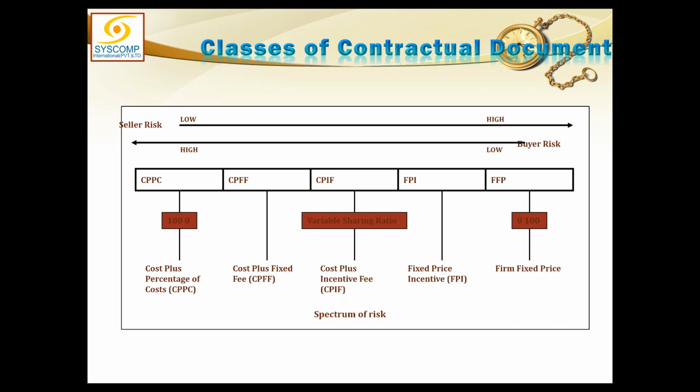So actually the contract which will be negotiated between the two parties would lie somewhere in between. So some other strategy we have to use, but still we desire that it could be a firm fixed price, and if we can make a deal on firm fixed price, that would be the ideal.